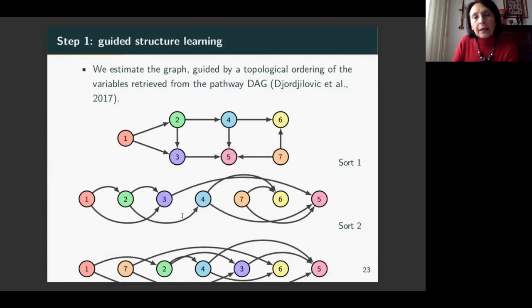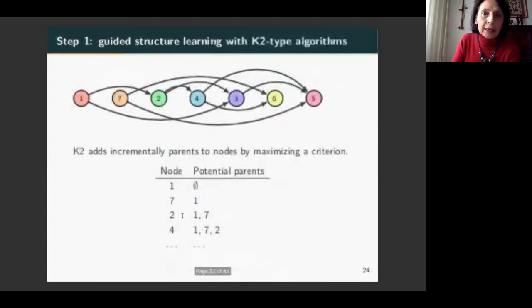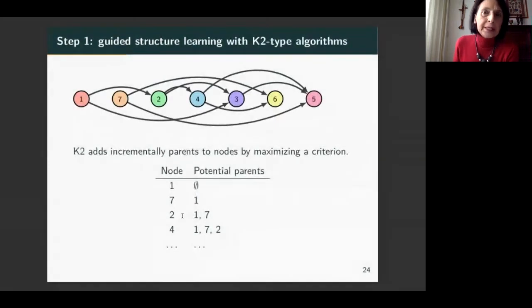to our aim. So the idea is to throw away the DAG, retain the topological ordering, and estimate the DAG from the data using one of the approaches that the machine learning community made available. We have found that K2 type algorithms are very powerful for this task.